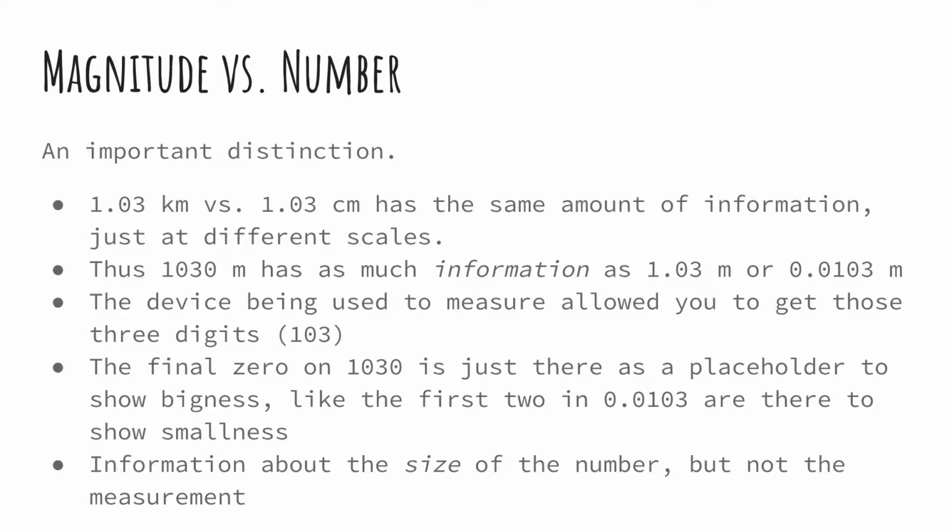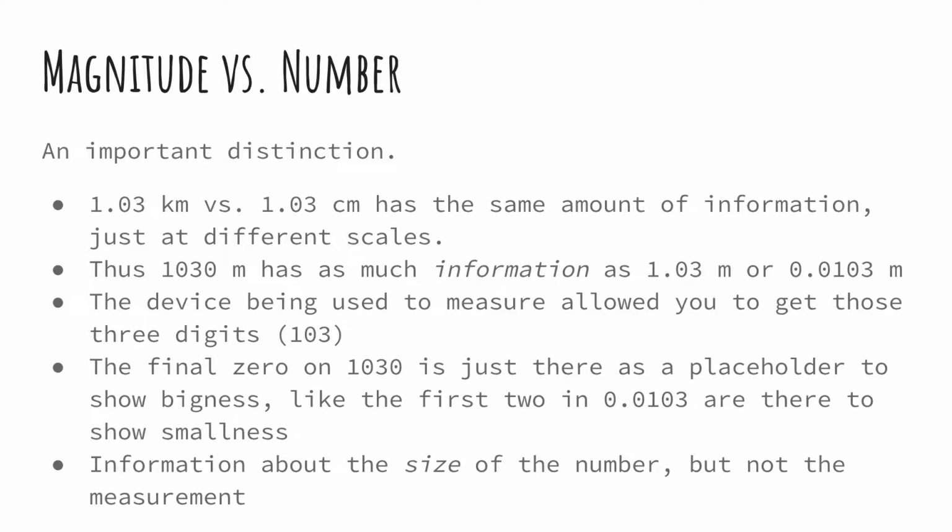Okay? The difference is the scale of the measurement. So the device being used to measure those things, whether it's 1.03 kilometers or 1.03 centimeters, allows you to get those 3 digits. It gives you exactly the same amount of information.